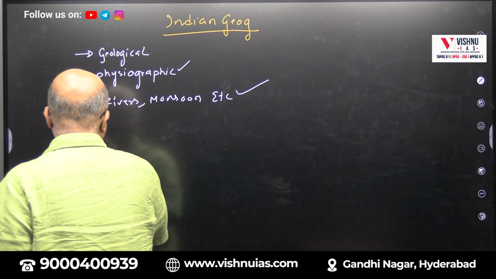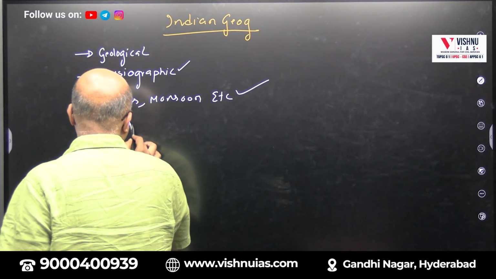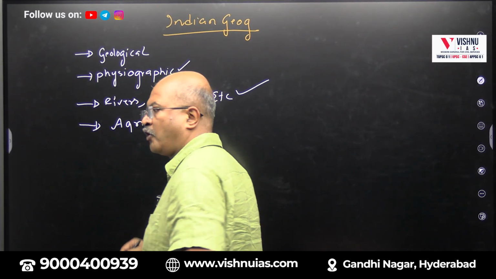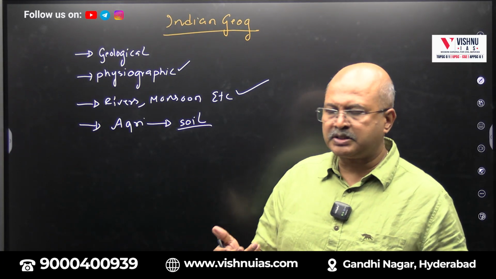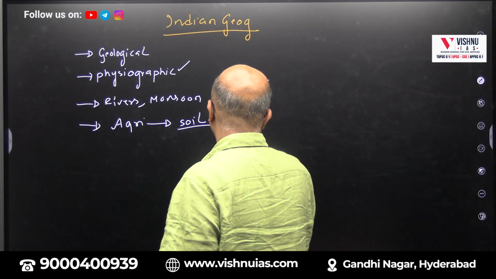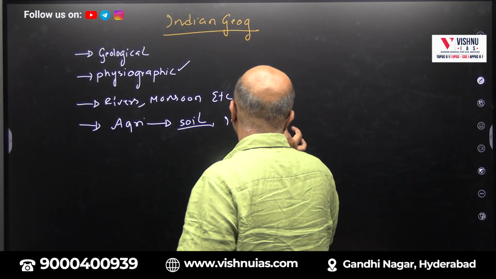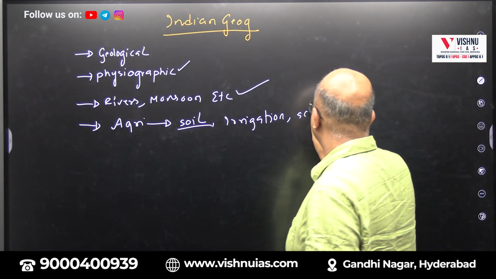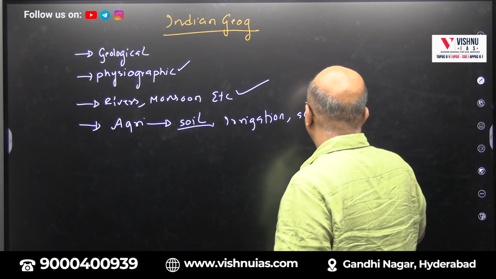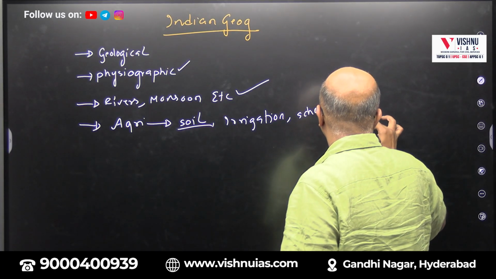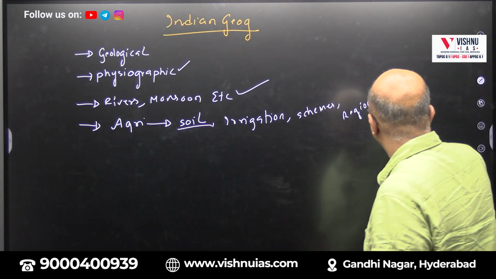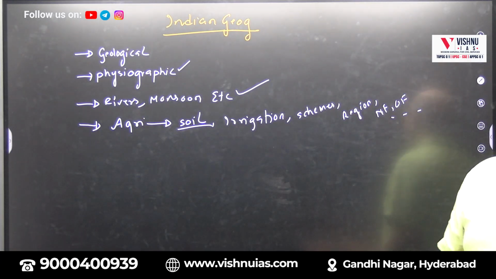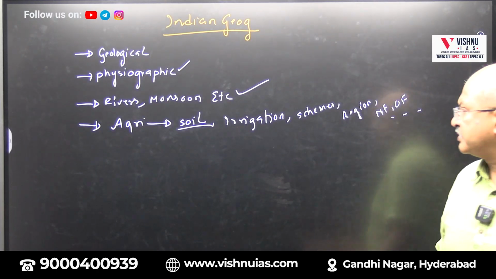Then once we have done this, there is a big topic called the agriculture section in geography, which talks about soil and soil formation, pedogenesis, irrigation, what type of irrigation facilities are there, PMKSY, Pradhan Mantri Krishi Sinchai Yojana, many schemes, agroclimatic regions, natural farming, organic farming, etc. So all these we have to assess with reference to the basics and current affairs, right?